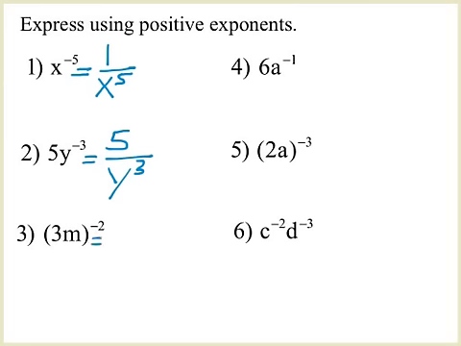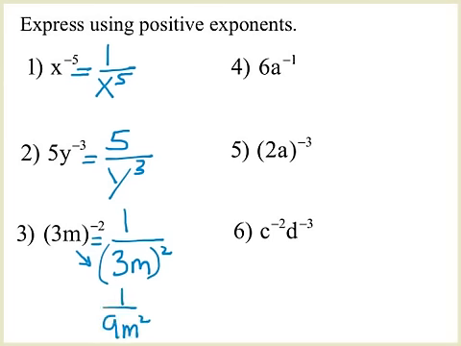Now when I'm multiplying it by a parenthesis, what's touching the exponent is the parenthesis. So everything in the parenthesis is dropped down to the second power. Notice I'm taking the positive exponent and the 3m drop down into the denominator. Okay, I can simplify that further. 1 over 9m squared. Now pause it and do the next 3 problems.